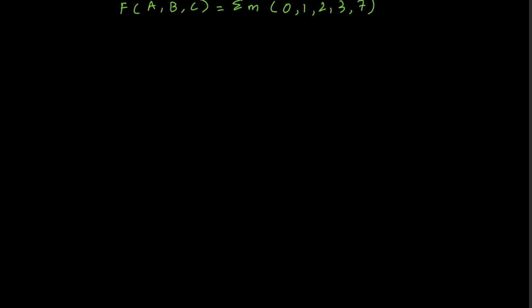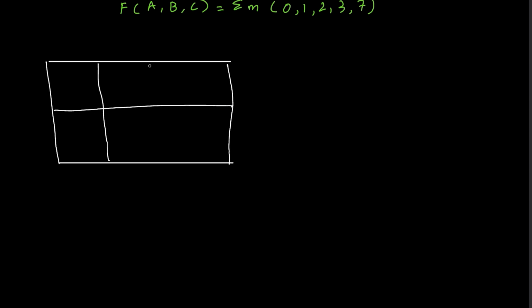Let's create a box for the solution of the K-map. Let's call this A, and from left to right call it B. It will be 0, 0, 0, 1, 1, 1, 1, 0. 0 and 1 for A because it is only one variable.